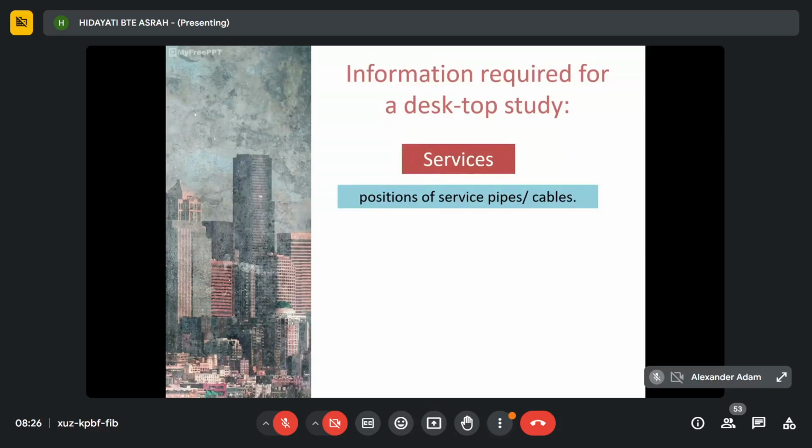So this one also is important for you to know. The utilities on the site project. So services here include main water, sewage, surface drainage, pipe, electricity, broadband, and telephone cables.